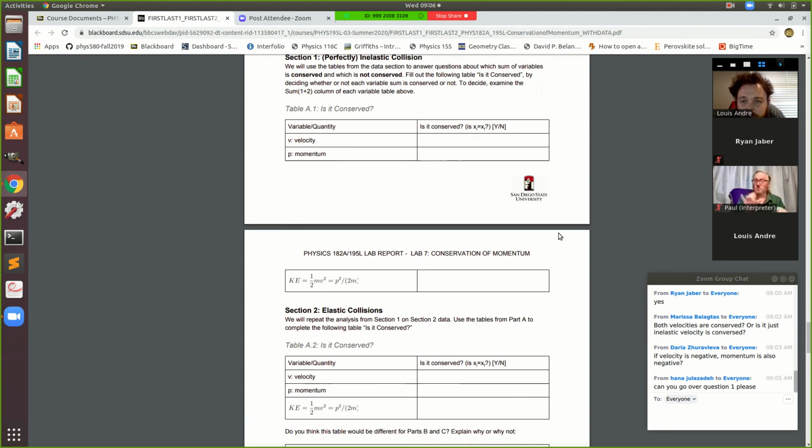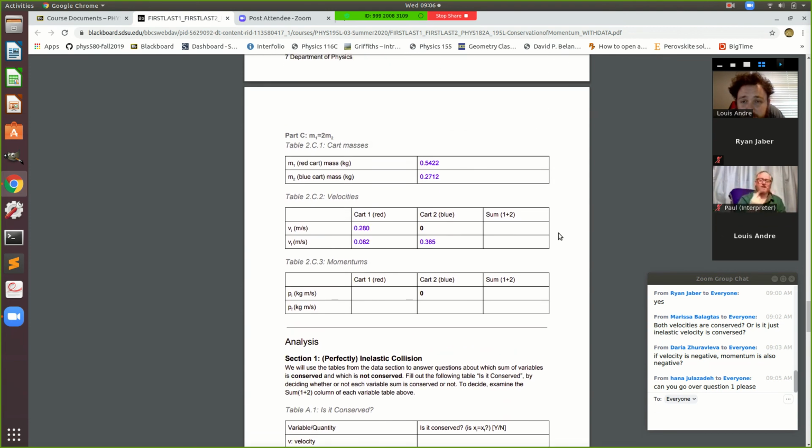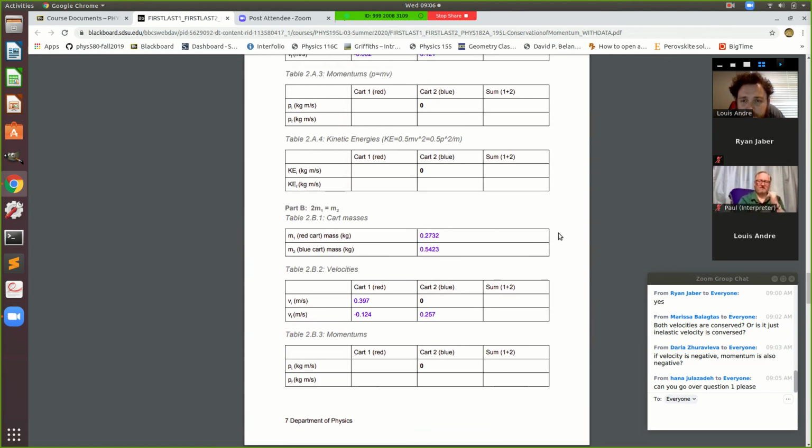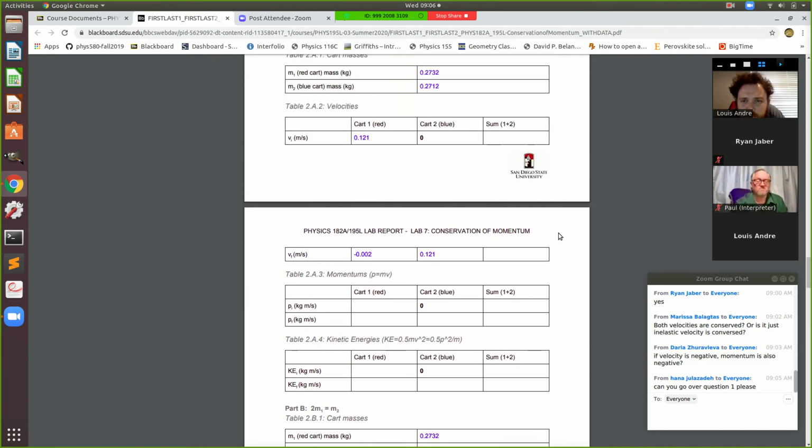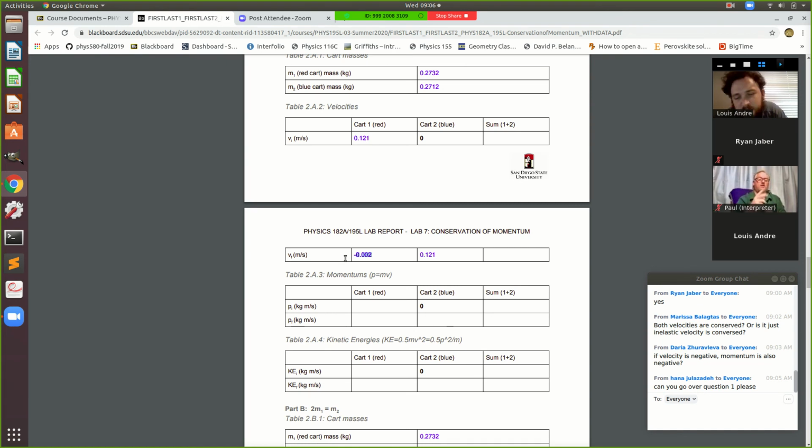Okay, 2A, final velocity. Cart 1's final velocity. Okay, so right here, cart 1's final velocity is actually negative 0.002, right? So it's almost perfect. Not quite, though, right? So you can see it's trying to be 0, for lack of a better term. It should be 0. It's not.